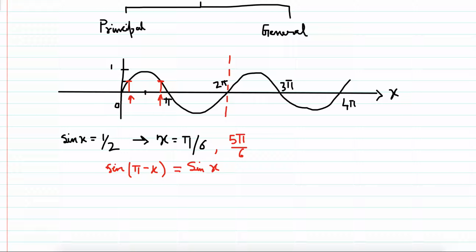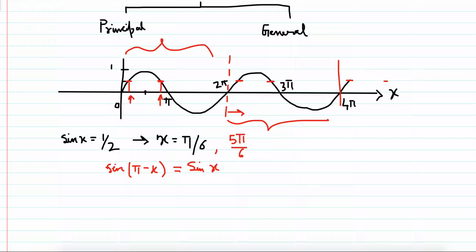If we go beyond 2 pi, then again we will get more solutions, infinite solutions. After 4 pi we will again get them, so in every 2 pi range we have two solutions. So this has an infinite number of solutions.